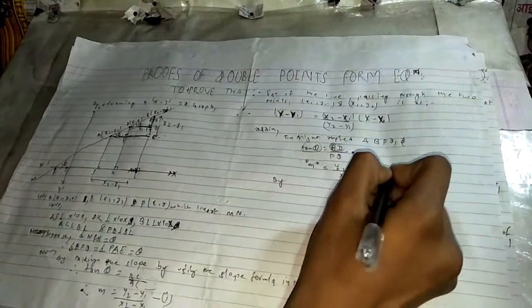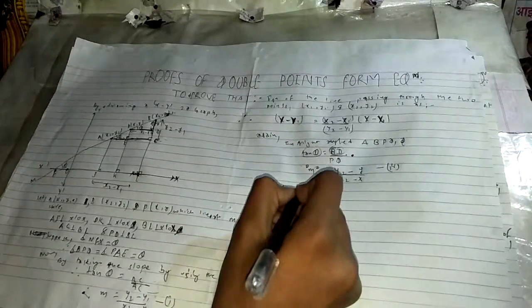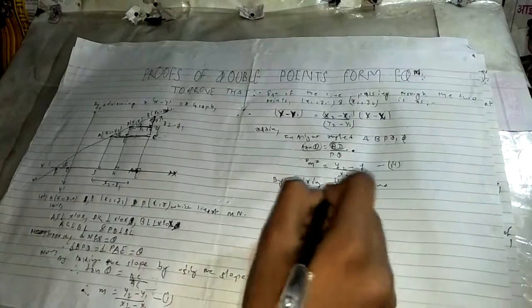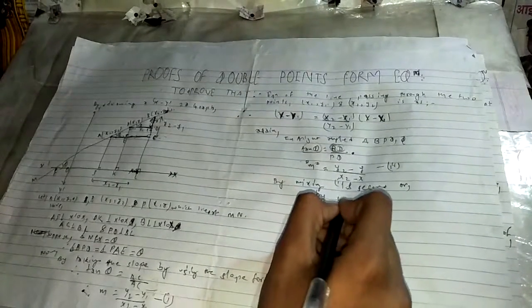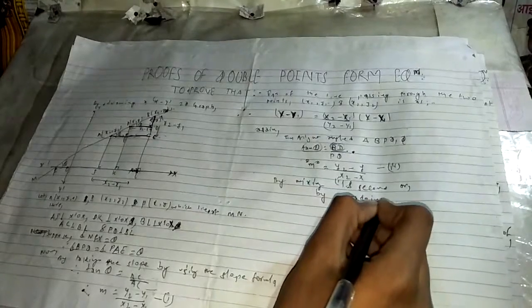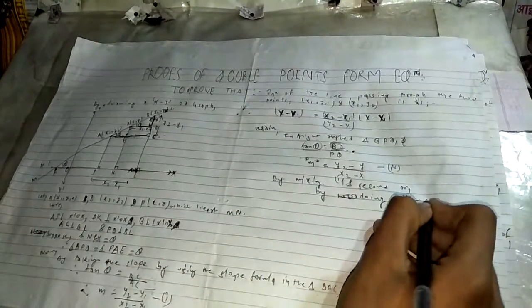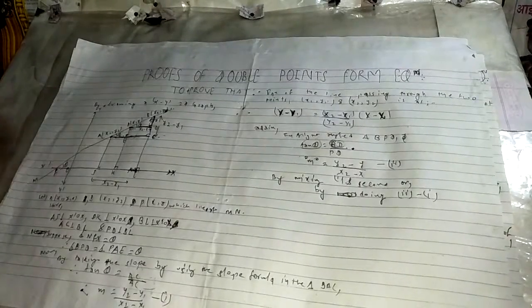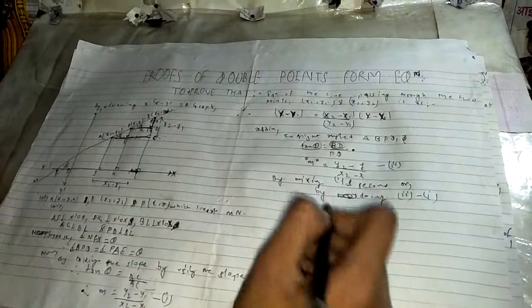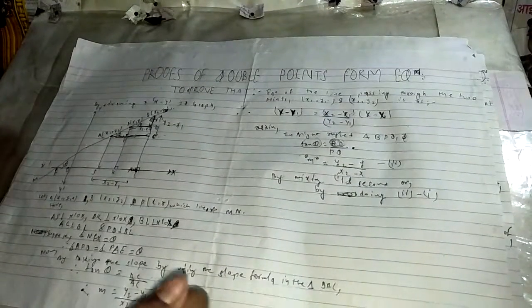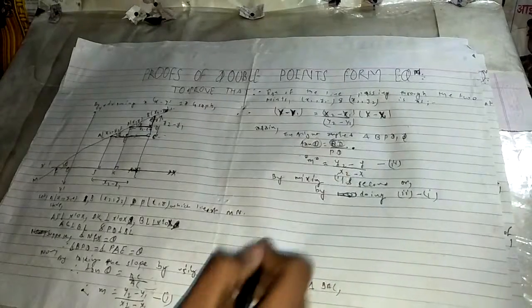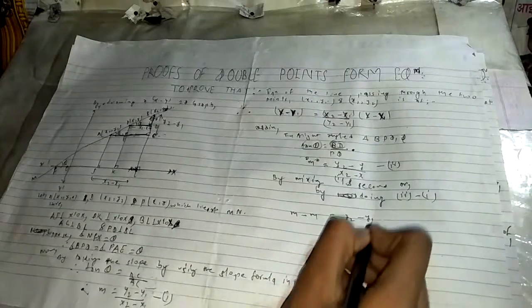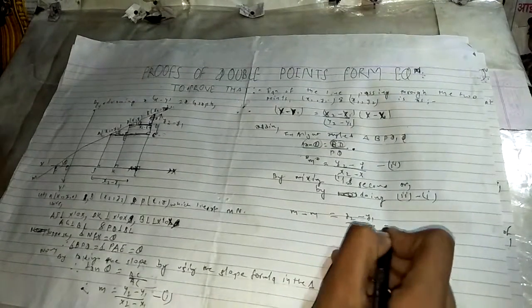By mixing the first and second, or by doing the subtraction, it becomes m minus m equals y2 minus y1 by x2 minus x1 minus y2 minus y by x2 minus x.